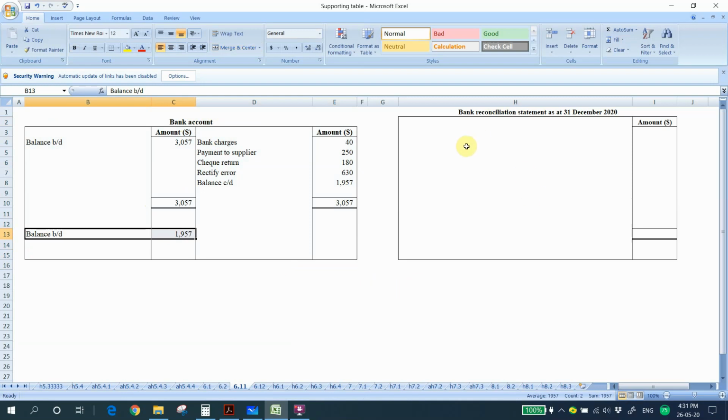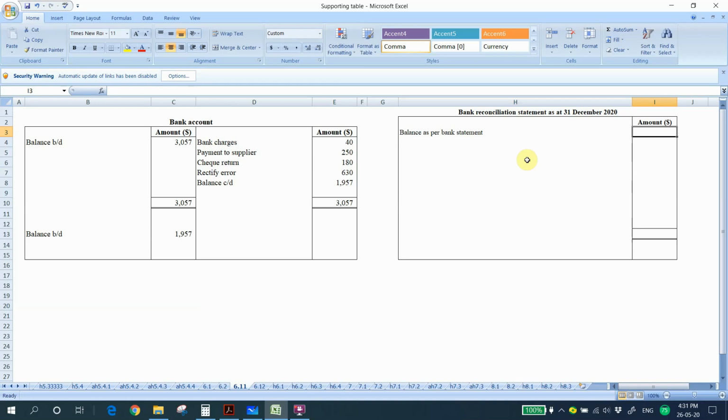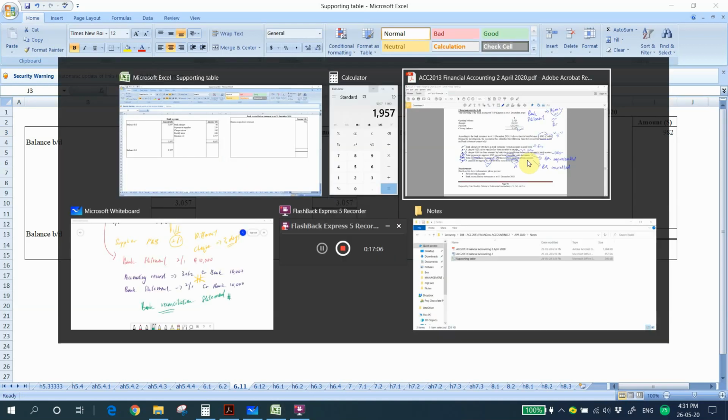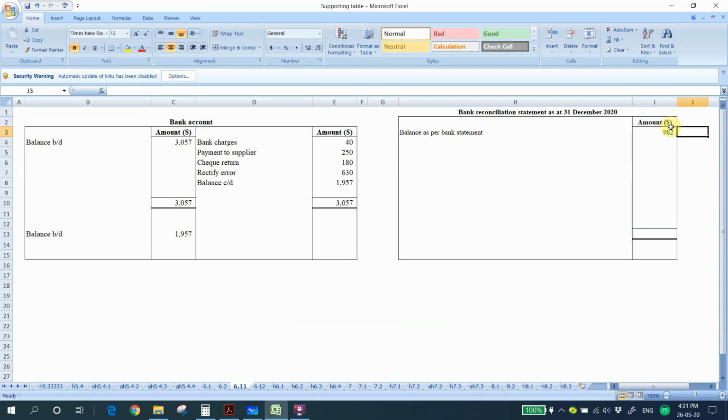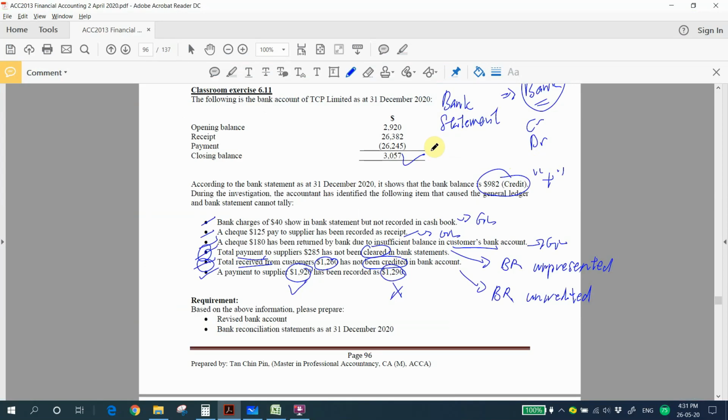The next thing that we have to do is prepare the bank reconciliation statement. For the bank reconciliation statement, we start from balance as per bank statement, 982. On credit means this is a positive amount. Next, we have to add uncredited check. The uncredited check amount is 1260.